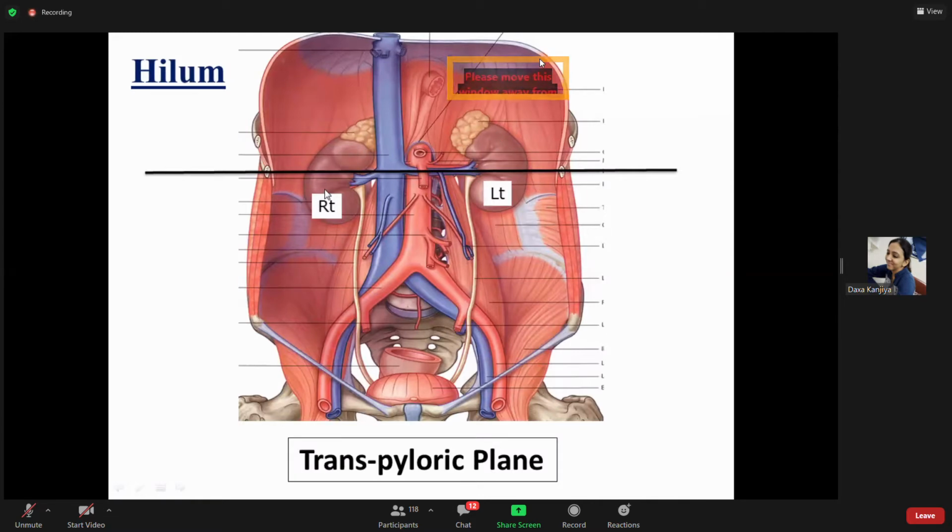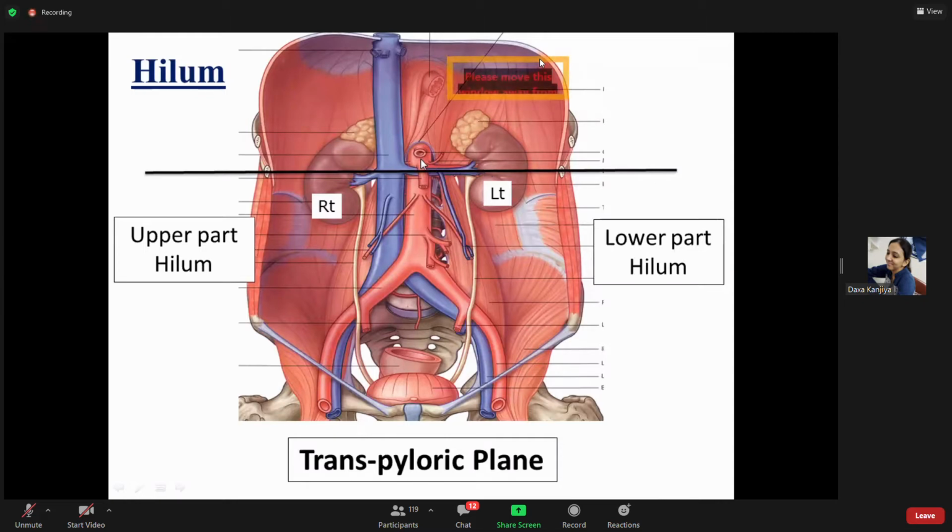That means the transpyloric plane passes through the upper part of the hilum of the right kidney and the lower part of hilum of the left kidney, because right kidney is lower as compared to the left kidney.